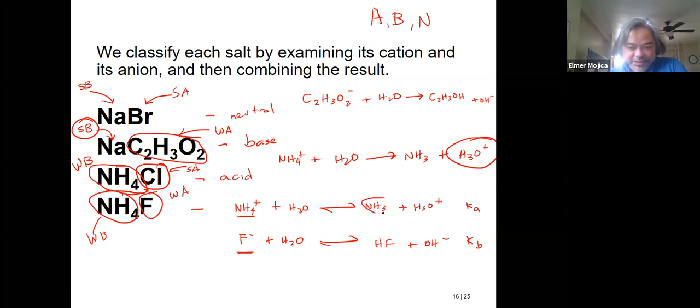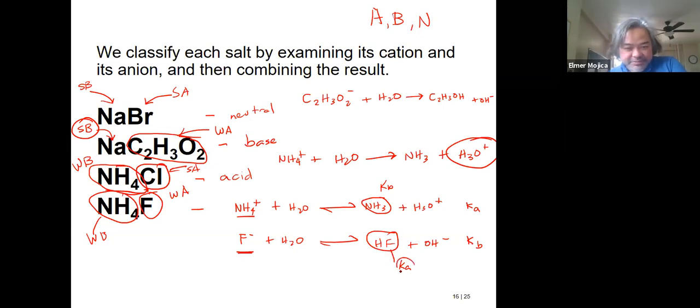The Kb of this and the Ka of that. Why did I say the Kb of this is given and the Ka of this is given? Because this is a weak base and this is a weak acid.